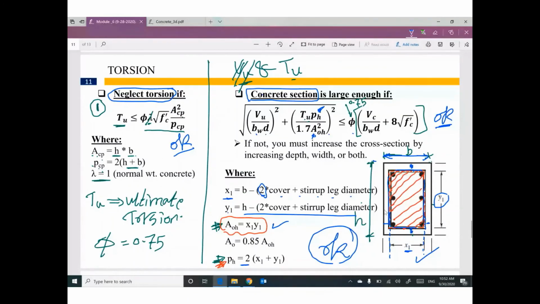If this happens, if this left side is not smaller than or equal to the right side, that means your cross section as a concrete, I'm talking about B and H, the cross section dimensions, are not enough. You need to increase them before design. Any question?